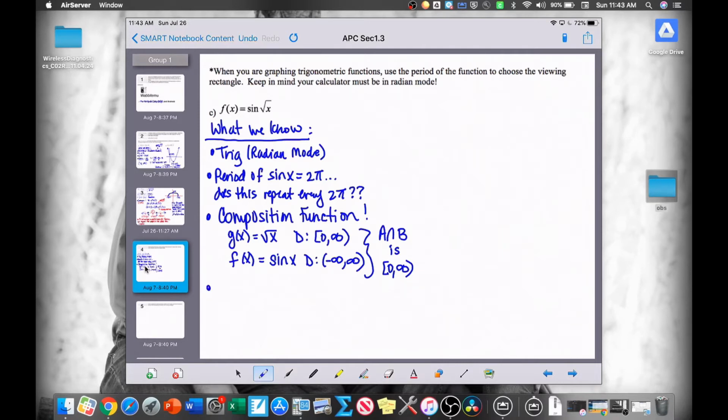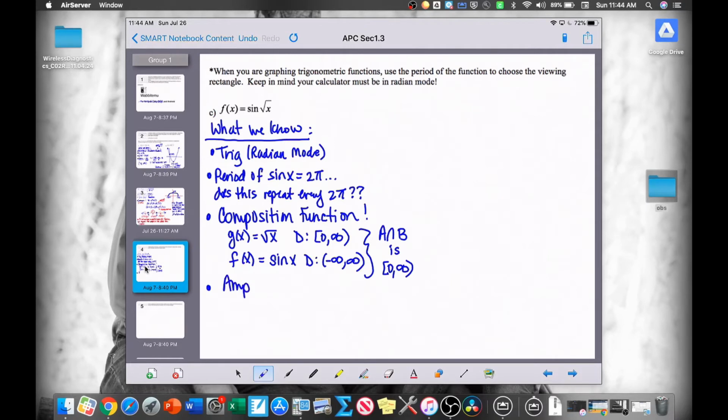And then the last thing that we should probably think about is the amplitude of our graph, since we have a trig function. And the amplitude of a sine curve is normally +1 to -1 on our y-axis. And the amplitude would change if we had a number multiplied in front of our sine function. Since there's an invisible 1 in front of it, we would expect that our amplitude would be 1.